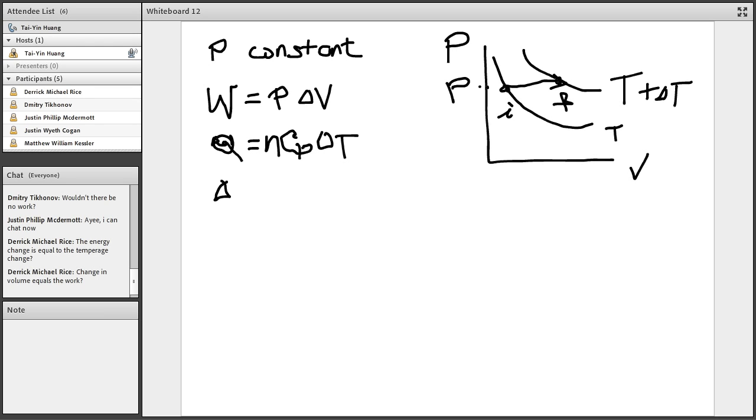Again, for a constant pressure process, what is the change in internal energy?